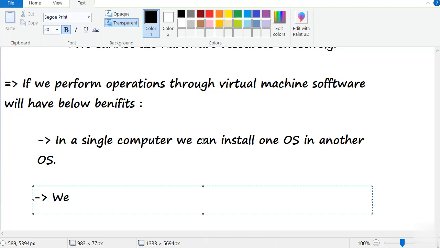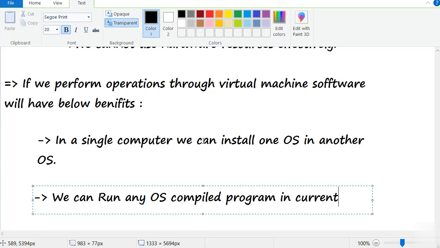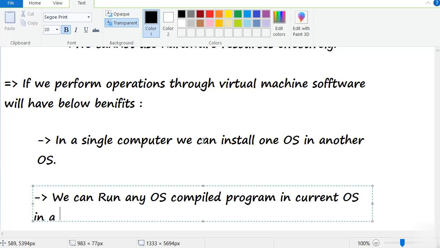And we can run any OS compiled program in the current OS in a platform independent way.